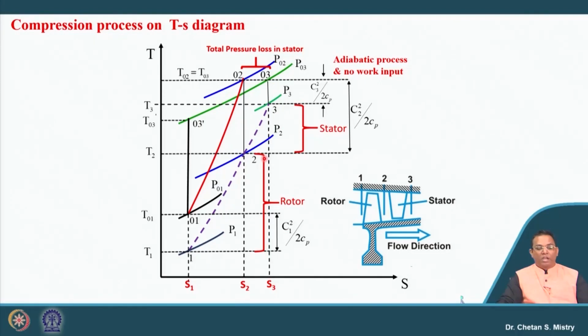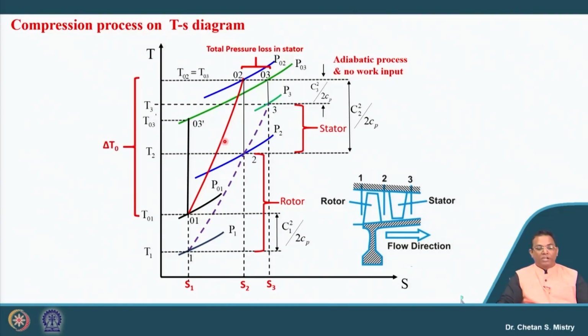And here if you look at my compression process, I am representing from 01 to 03 dash, which is my isentropic process, and from 01 to 02 or 03, that represents my actual process. So just realize one thing, between my isentropic process and actual process we are having some losses, and that gives irreversibility to my flow, and that will lead to an increase in entropy.